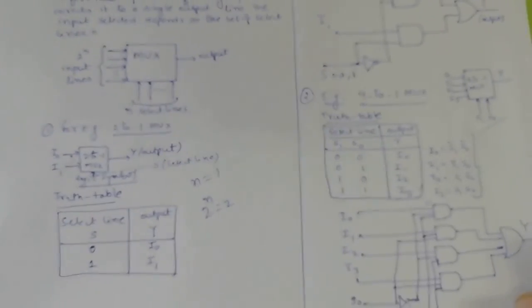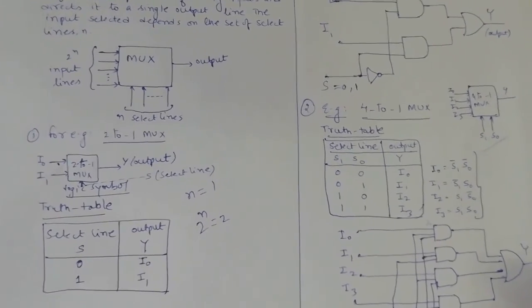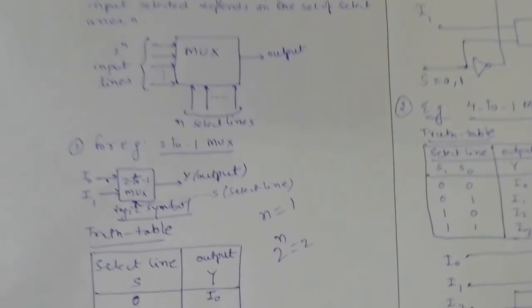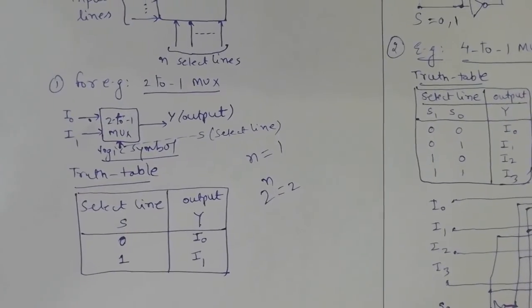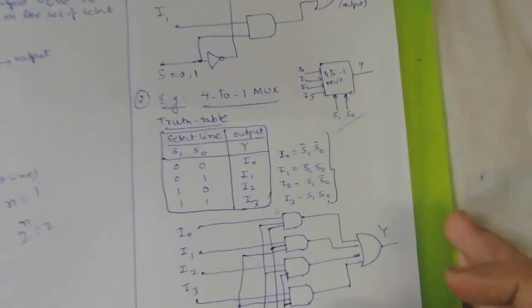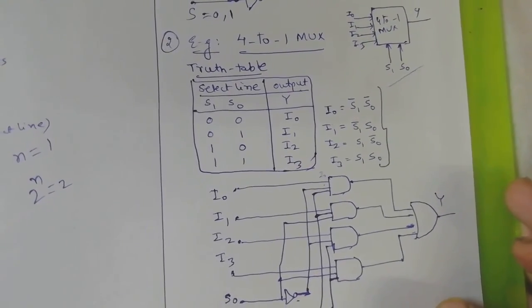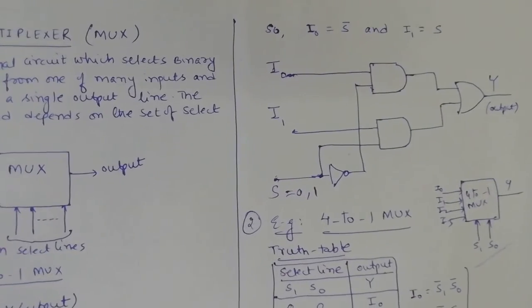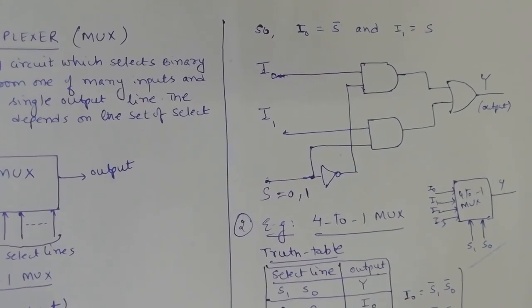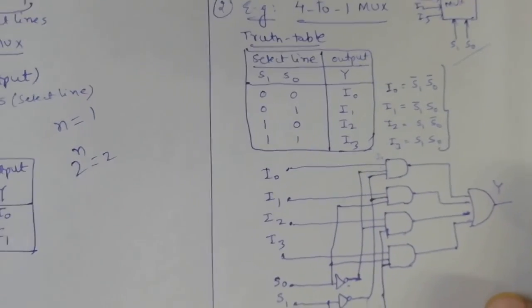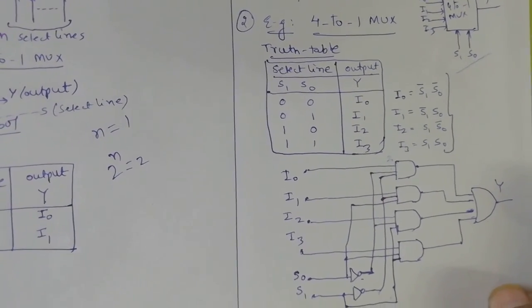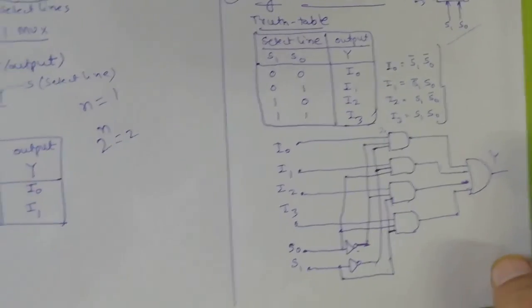So this is about the multiplexer in which we had seen the 2:1 multiplexer, and then the 4:1 multiplexer. Here you can see the circuit diagram of 2:1 multiplexer, and then we constructed the circuit diagram for 4:1 multiplexer. Thank you.